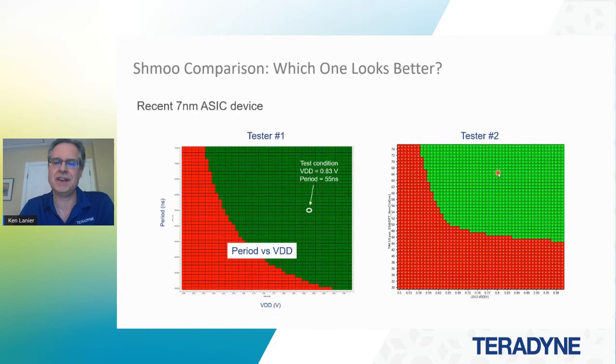We tried it on a second tester, got a result that looks like the thing on the right. And clearly, if you looked at this, you'd rather have the one on the left because I could potentially go down and spec my part either at a higher frequency or a lower voltage, knowing that I have a test capability that will consistently validate that.